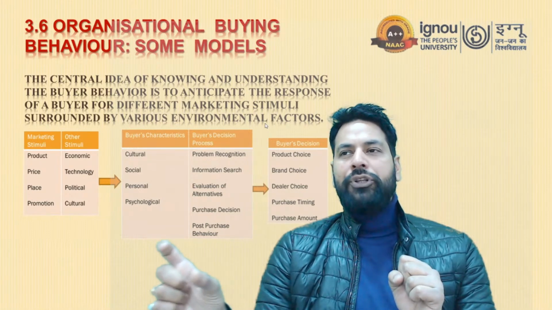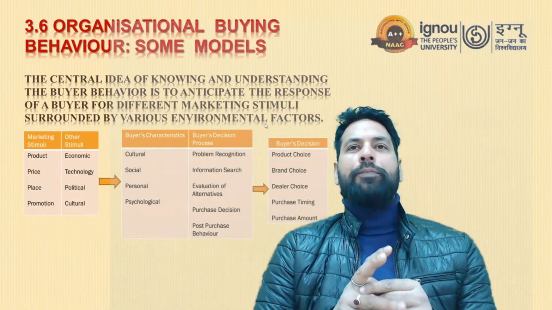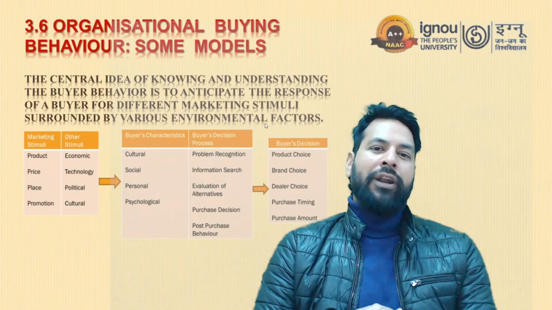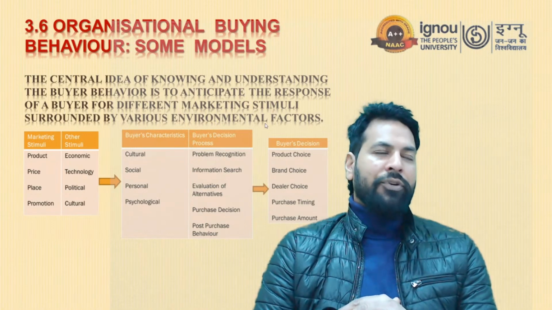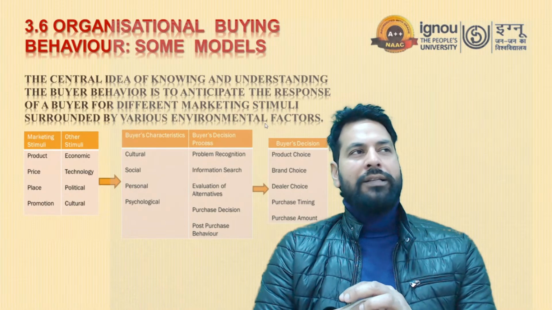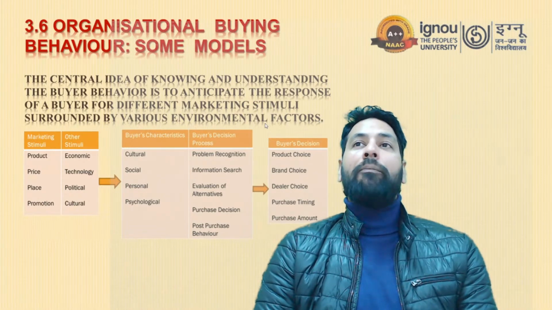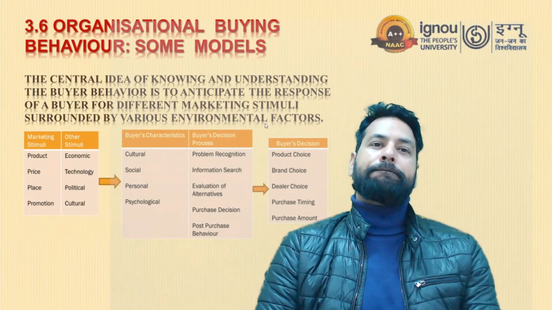And then you make a purchase on the basis of which type of product you want, a brand, maybe a dealer which gives you a longer credit period, or the timing, which is important for you because that's the high time for your purchase, and also the amount of money they are charging.